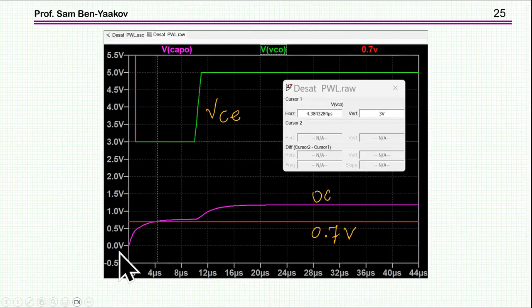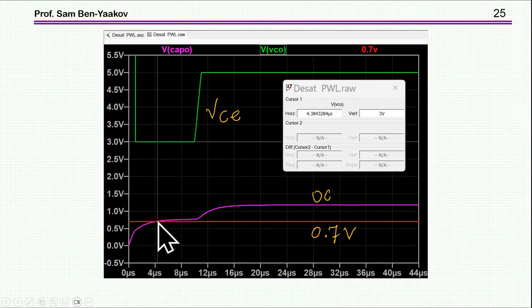Let me zoom in. And here is a case in which I'm dropping to 3 volt. 3 volt is supposed to be above the protection level. Okay? Here 0.7 is the protection level. This is the input to the DSAT circuitry, the overcurrent circuit. I'm starting with 0 voltage across the capacitor.